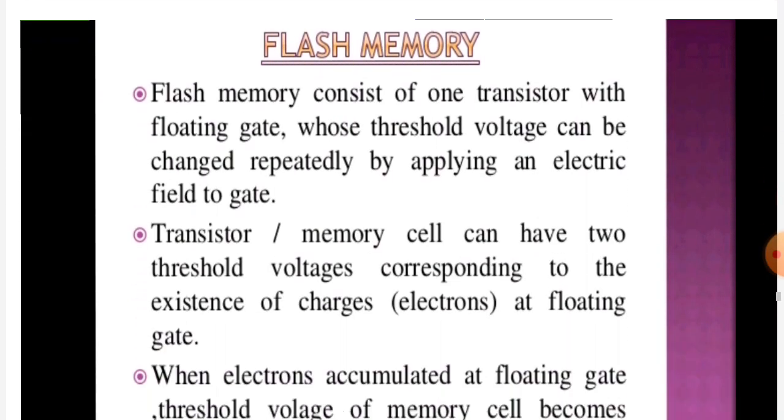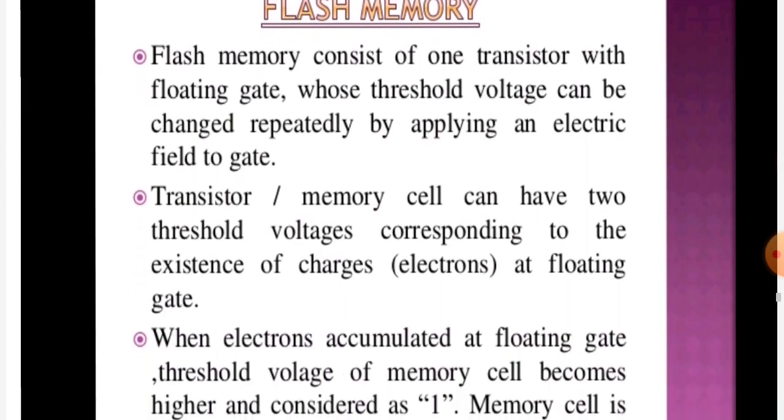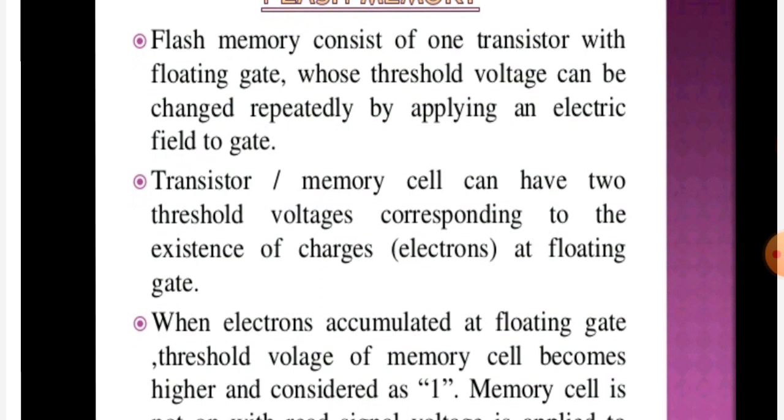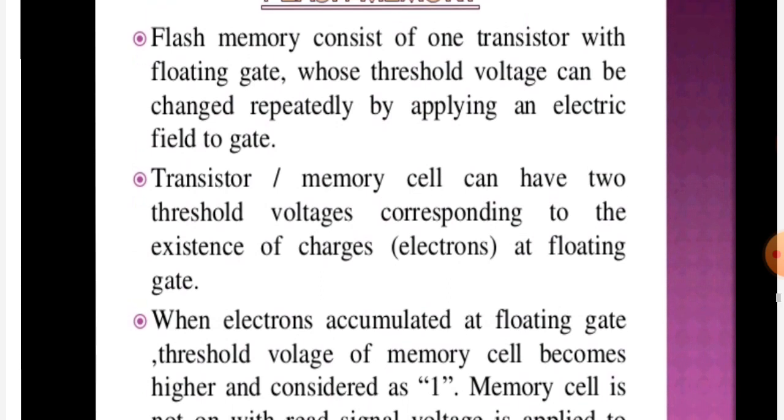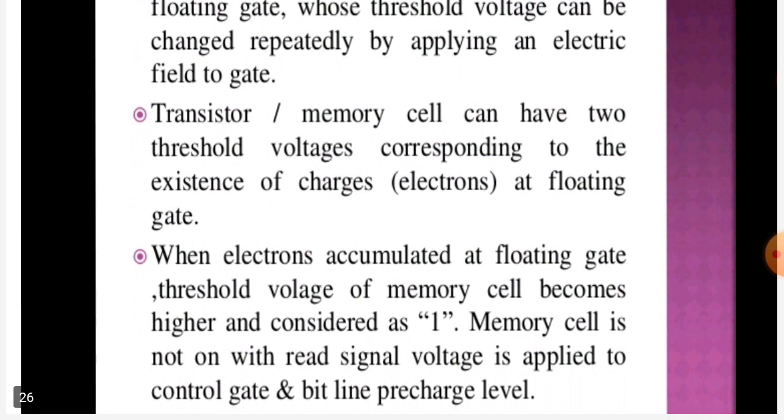Then flash memory. Flash memory consists of one transistor with a floating gate whose threshold voltage can be changed rapidly by applying an electric field to the gate. The transistor or memory cell can have two threshold voltages corresponding to the existence of charges at the floating gate. When electrons accumulate at the floating gate, the threshold voltage of the memory cell becomes higher and is considered as 1.